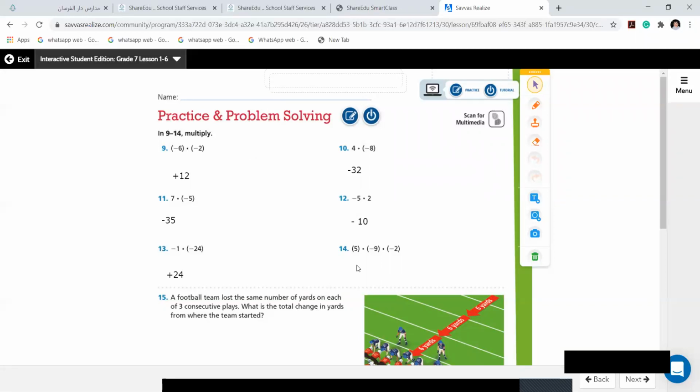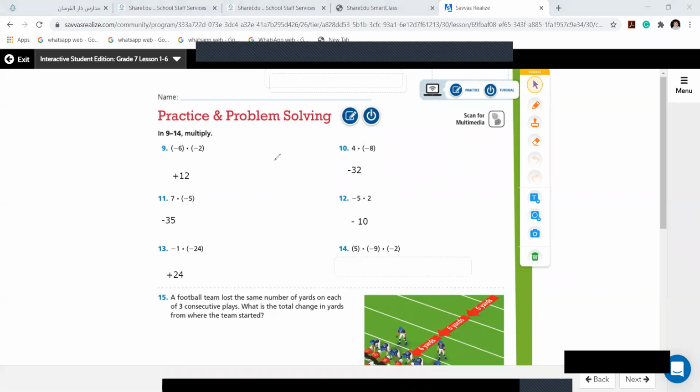Majdaleen, see the question. This is the toughest question, I don't know why I gave you, but yes, I gave you. You first try to do 5 times 9 or 5 times 2. You can choose anything. You can choose 5 times 2, that's easy. Tell me, 5 times minus 2 is how much?